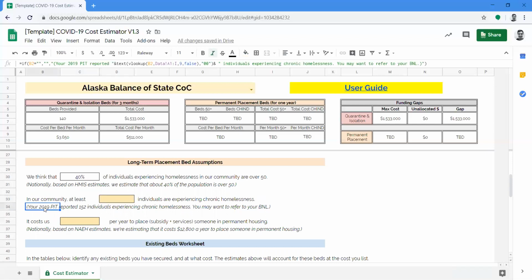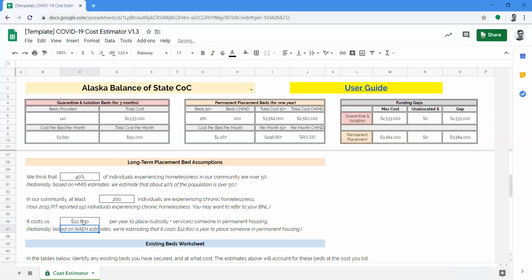Again, we provide your PIT number as a cue, but you can enter whatever number makes sense. And then we estimate the annual cost per year to place someone in permanent housing. Based on National Alliance to End Homelessness estimates, we think that number is about $12,800 per year, but you will know better. As soon as I enter those three figures, these estimates come to the fore.